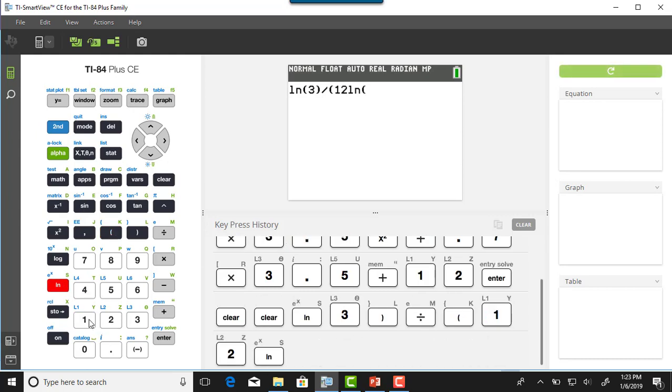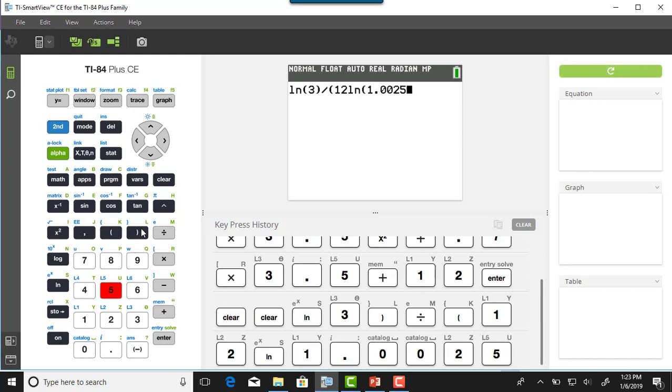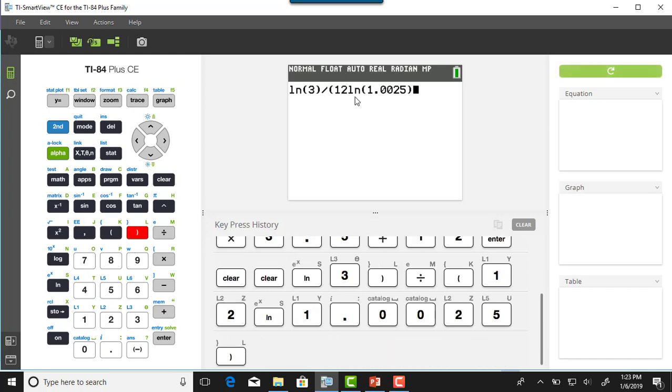So 12 times, I don't have to put my times symbol in there from my calculator. On another type of calculator, you probably would. So 12 times the natural log of 1.0025. Okay, so I've got to close my parentheses around the natural log, and then I want 12 ln of 1.0025 to all be grouped together. So you want your calculator to do that right there.